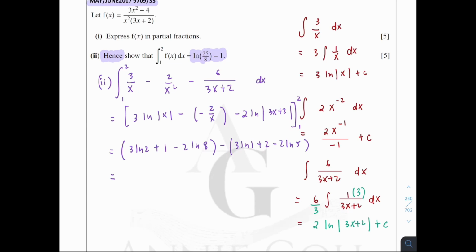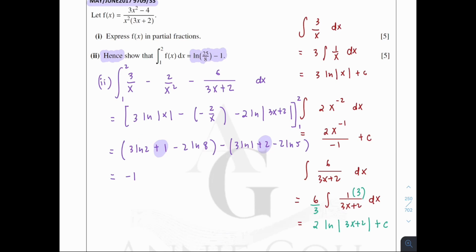So let's group the constants together. Constants are a 1 and 2. So 1 minus 2 is negative 1. Then you're just left with all the ln terms. For the ln terms, according to the question here, there's no coefficient in front of the ln. So all these coefficients I'll just bring up as the power.